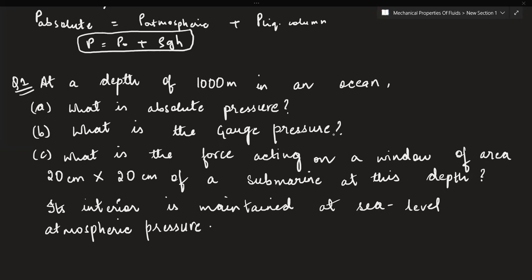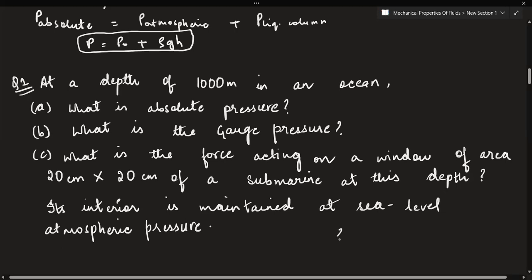Do you know the density of water? Ma'am, I have learned it, but right now I'm not recalling it. Okay, I'll help you. The density of water in the SI unit is 1000 kg per meter cube. And if you want it in CGS unit, that would be 1 gram per centimeter cube.